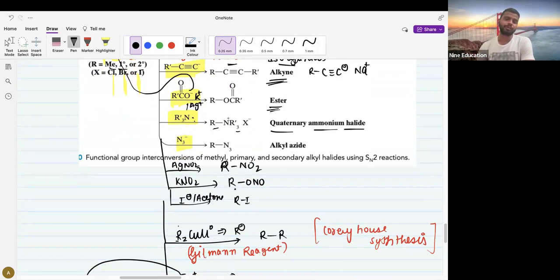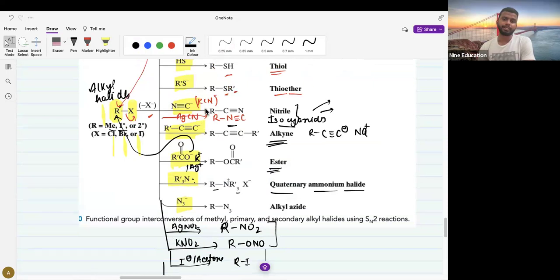RNO2 will be formed, not RONO. Remember this, it is too important. AgNO2, KNO2, and AgCN and KCN. These two are more important, beta: AgCN and KCN.